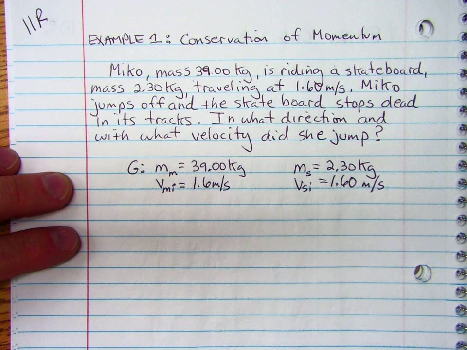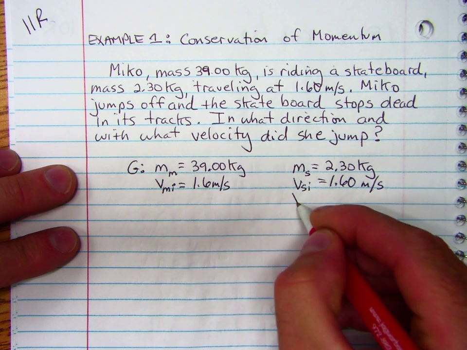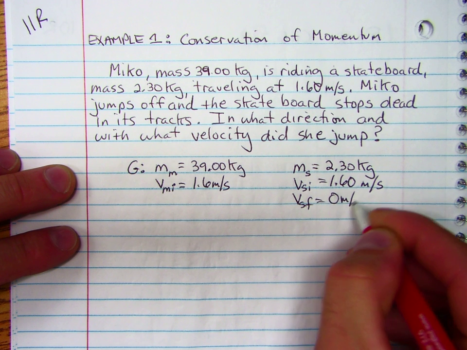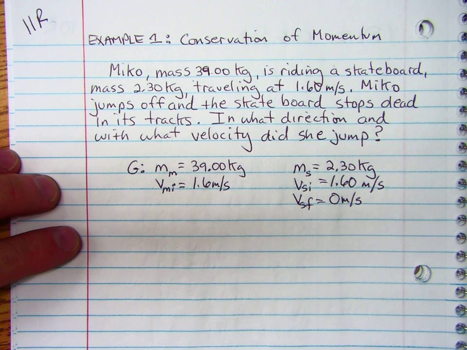Then it says the skateboard stops dead in its tracks. Miko jumps off and the skateboard stops dead in its tracks. That means the final velocity of the skateboard is 0 meter per second. It doesn't say anything about the final velocity of Miko. And in fact, in the next sentence, it says, in what direction and with what velocity did she jump?